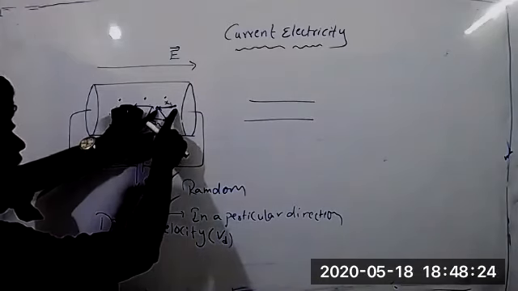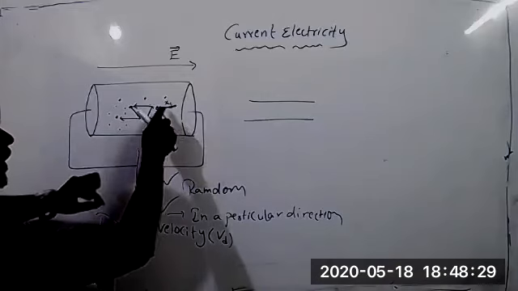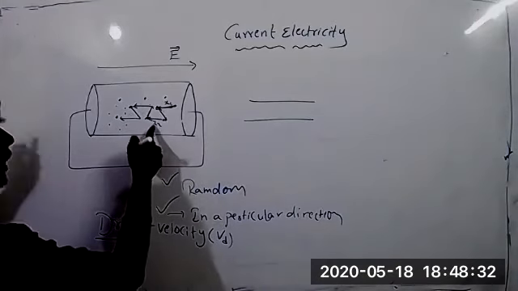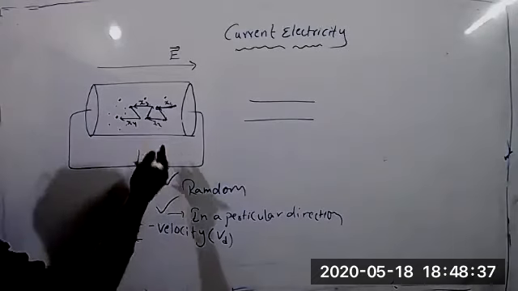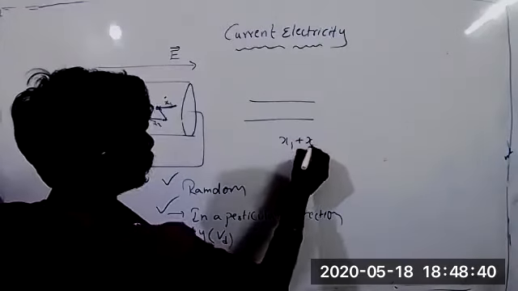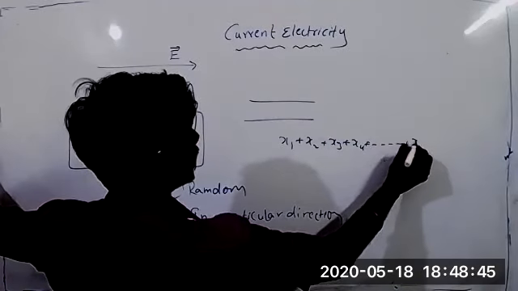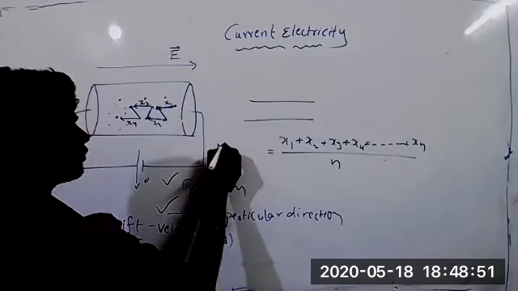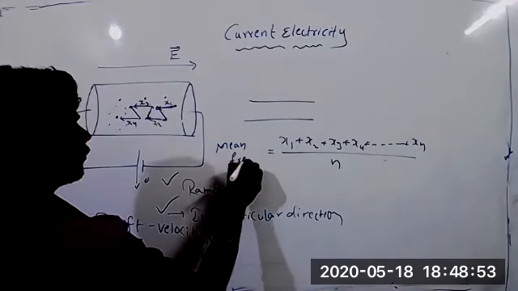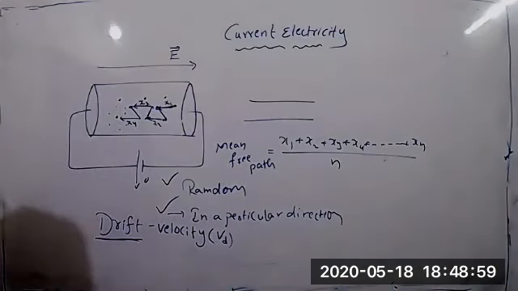There is a collision, and there is a path between these two. Before collision, it will move freely. That path is called free path. It is x2, and it will be x3 and x4. Like that, how many will be there? x1 plus x2 plus x3 plus x4 and so on, plus xn, divided by n, is called mean free path. Mean free path means the distance between two successive collisions.